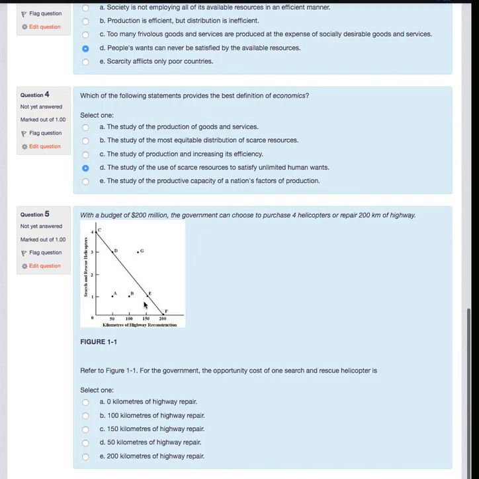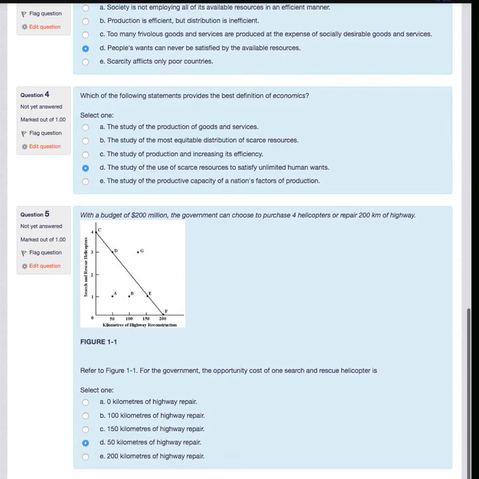As soon as we have 1, we'll have 150, 2 will have 100, 3 will have 50. So it's always an extra 50 kilometers of highway we can achieve for every helicopter we give up. So for the government, the opportunity cost of 1 search and rescue helicopter, as I mentioned just by looking at the question, not even looking at the answers, is 50 kilometers of highway repair.